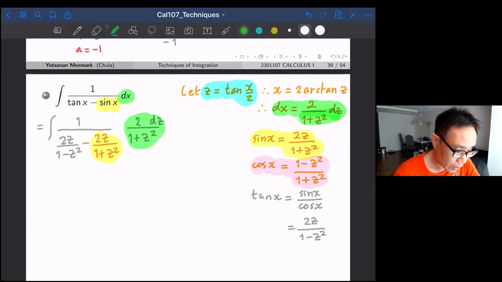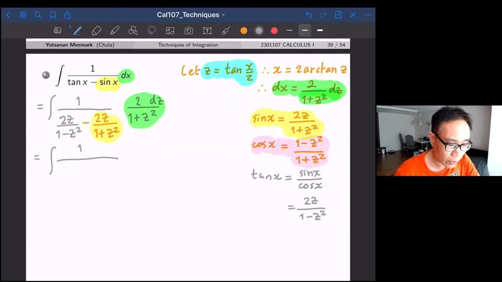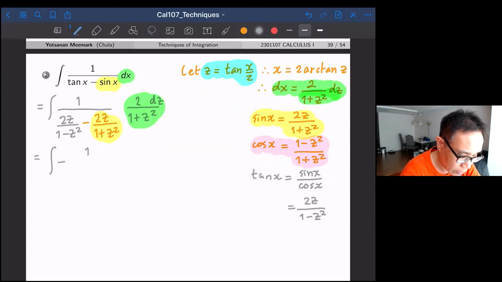Okay, and you have integral, and you sum this one up, so you get this one. So let me ease the calculation a little bit. So I'm just going to sum this one up, so it's going to be 2z over 1 plus z square, minus 2z multiplied with 1 minus z square.